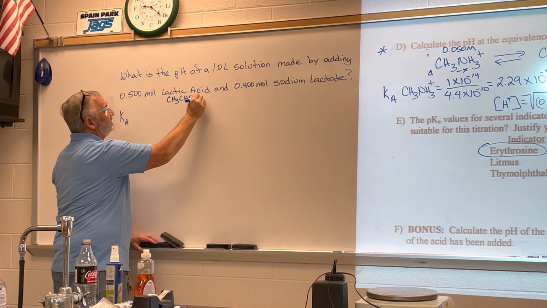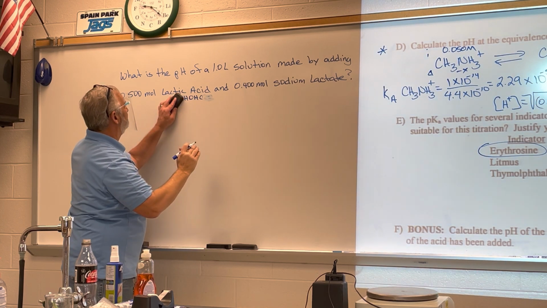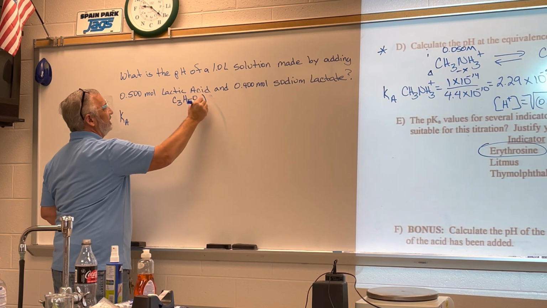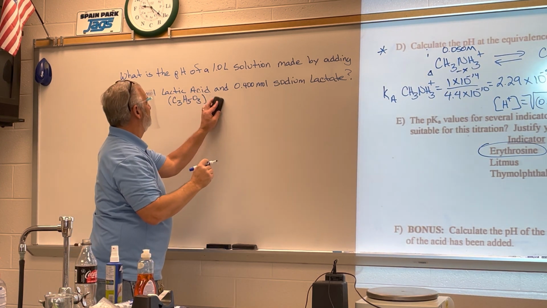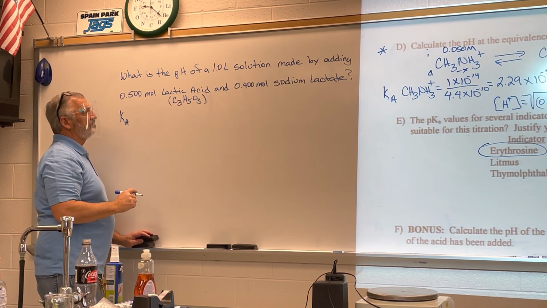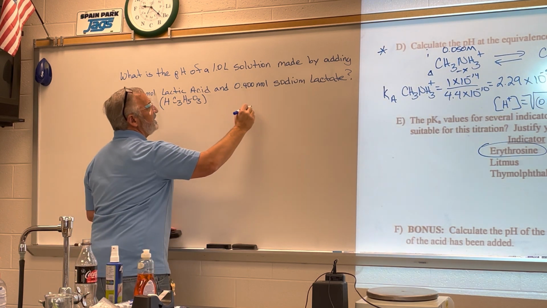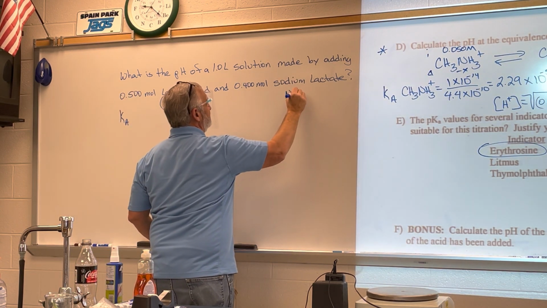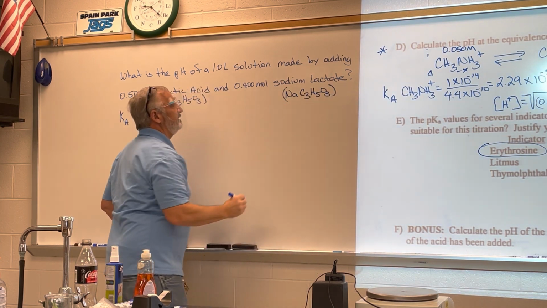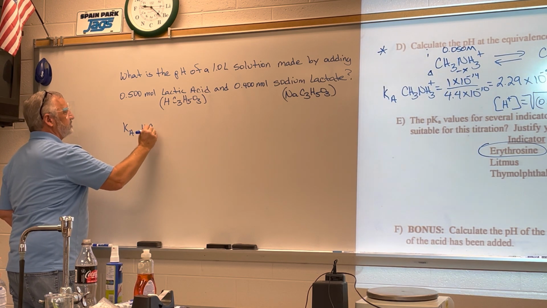CHOH, COOH? Or H C3H5O3. We'll go with that. There's another acid up here. It's HC3. Oh yeah, so there's your acid, okay. So that makes sodium lactate, NaC3H5O3. Okay?